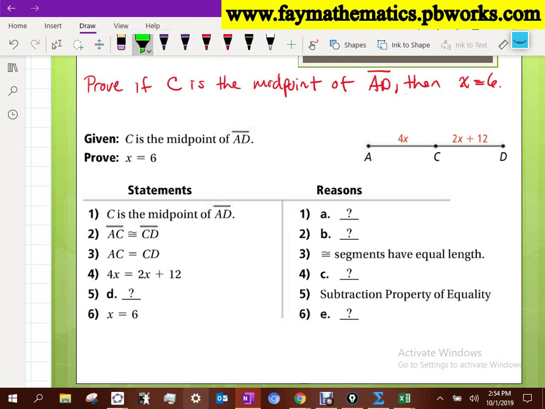But what we do, if it says prove if C is the midpoint, the if part, your hypothesis, is that right there. All you do is cut and paste that, and it becomes your given. That's the information that we're going to start the proof with.